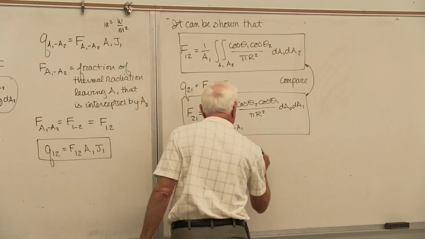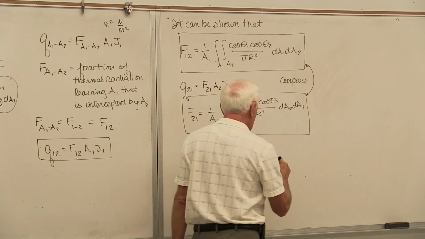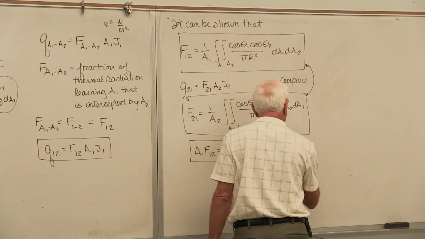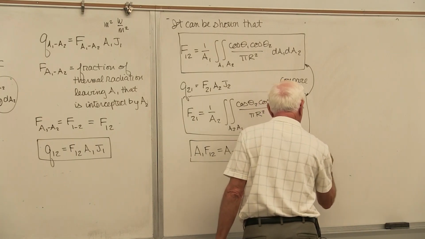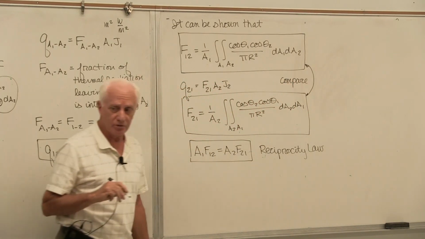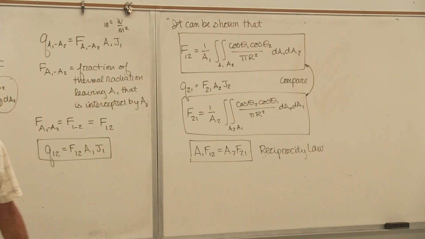There's a very important conclusion called the reciprocity law, which means if I know one view factor, F12, I can easily find F21 by using that equation.